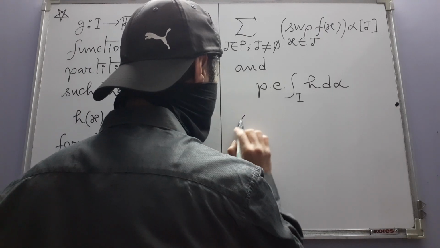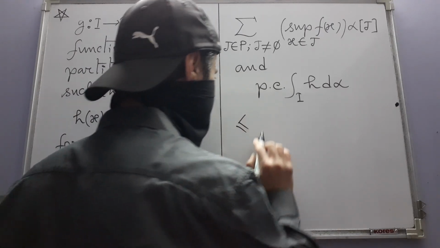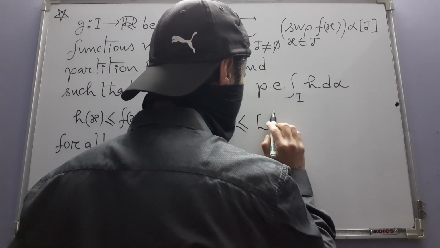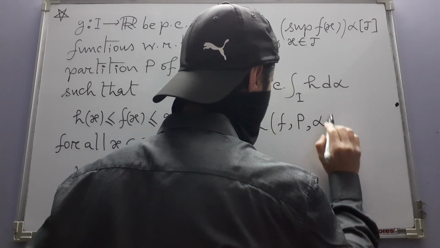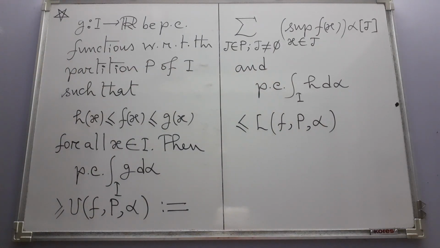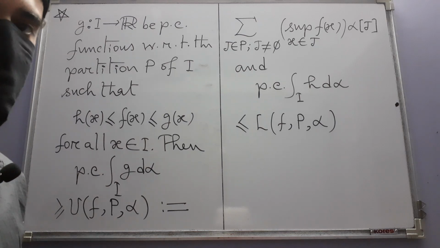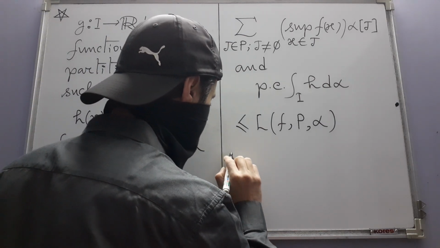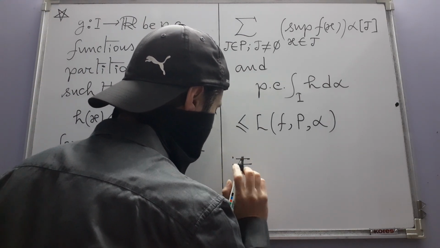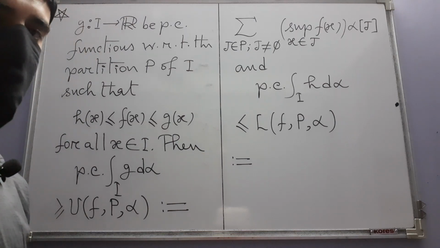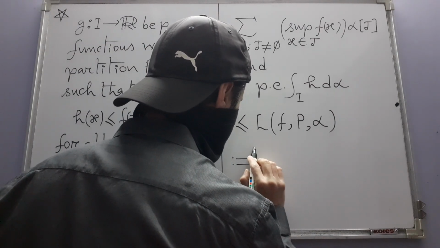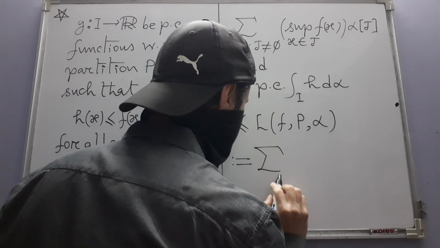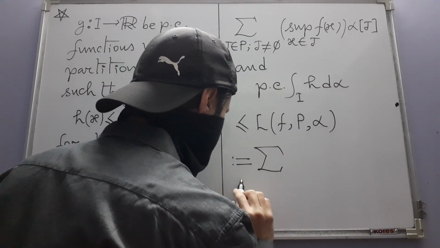So this will be less than or equal to the corresponding lower Riemann-Stieltjes sum. I am not sure if this is a technical term, Riemann-Stieltjes sum, but we can call it that, to remember it. And this one is similarly defined to be this sum.